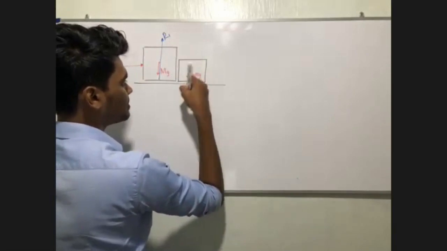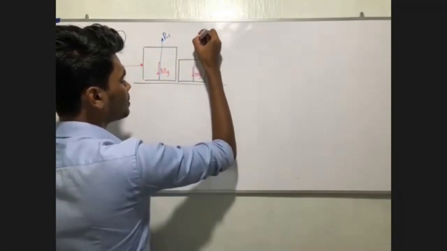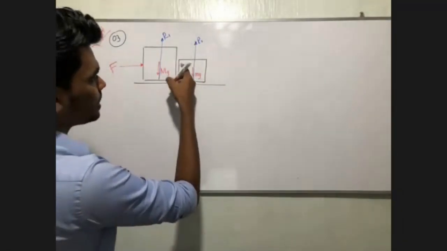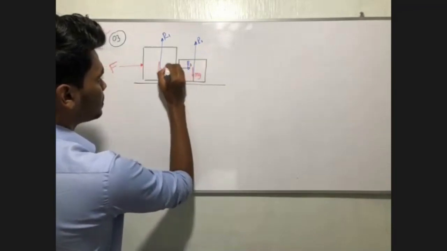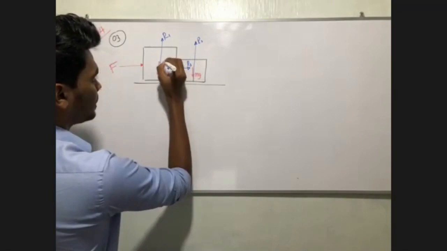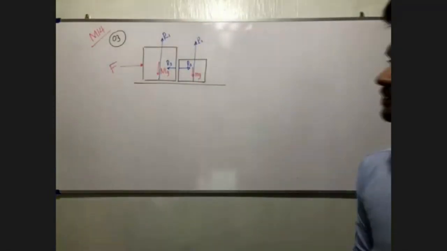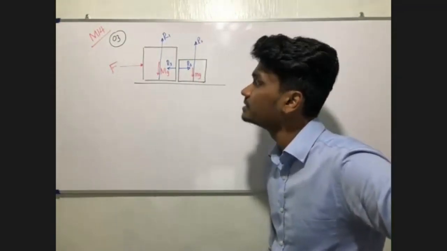Since there's a contact surface between these two, there's going to be R2. Since there's a contact surface between these two, there's going to be R3.